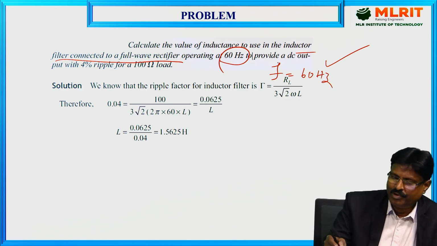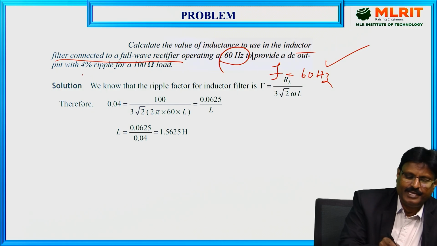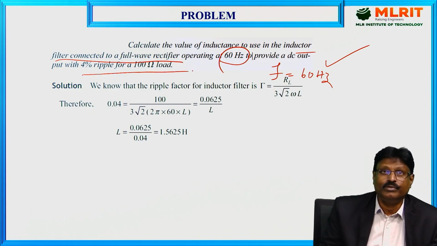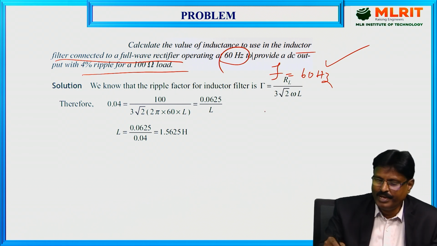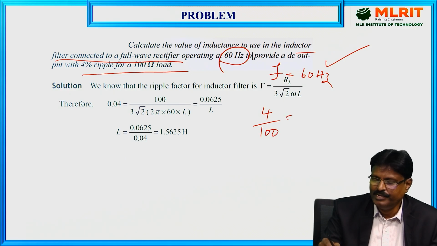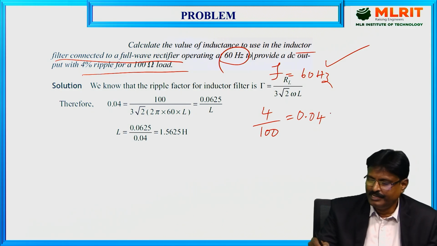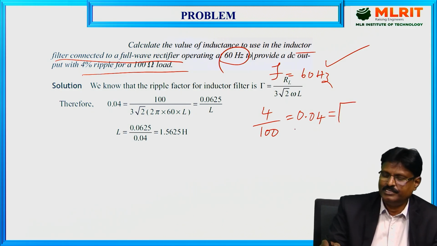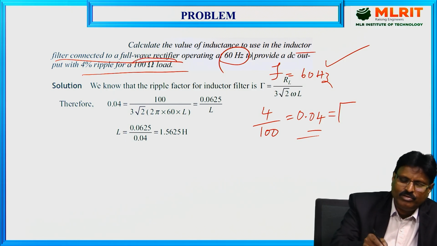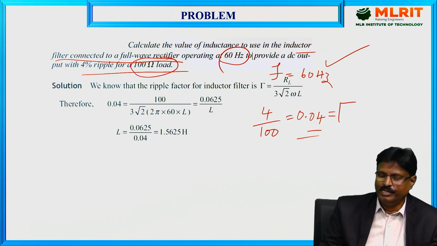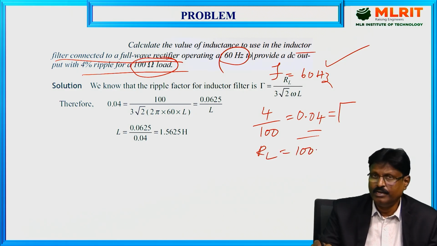And provide a DC output with 4% ripple per 100 ohms load. The ripple factor is also given in terms of percentage. 4 by 100 means 0.04, so the ripple factor value is given as 0.04. The frequency of operation is given, and the load is 100 ohms, that means the RL value is given as 100 ohms.